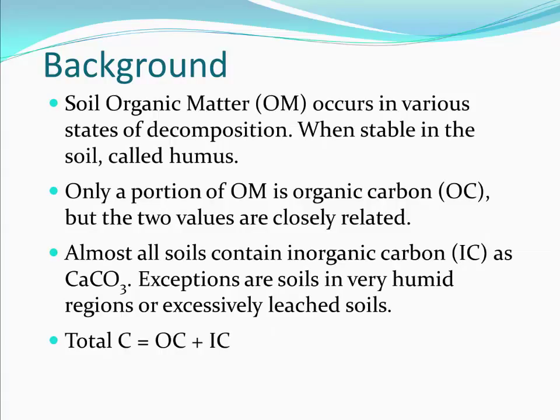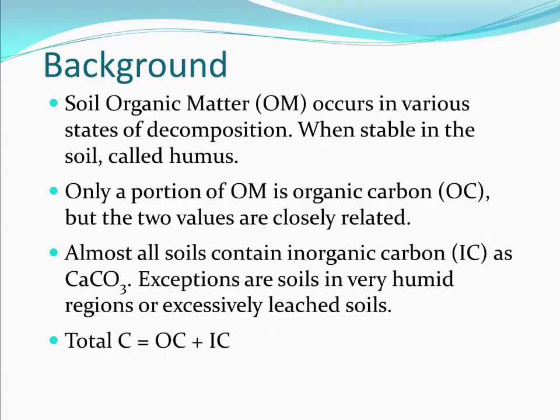Almost all soils also contain inorganic carbon, and typically that's found as calcium carbonate, and this is more common out west than it is here in the eastern United States. Exceptions, in other words, which soils might not have inorganic carbon, would be those found in very humid regions, such as we have here in the east, or excessively leached soils, which we also have here in the east.